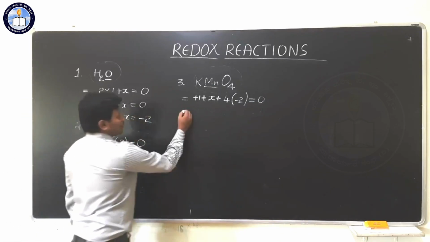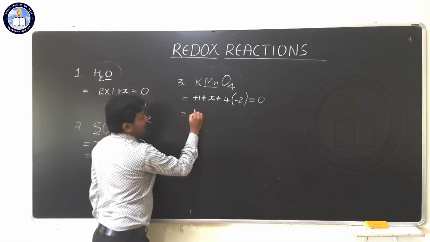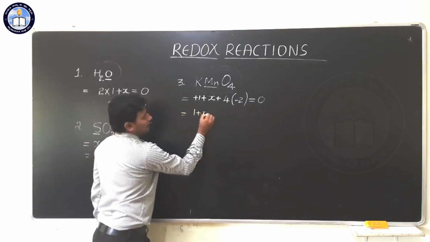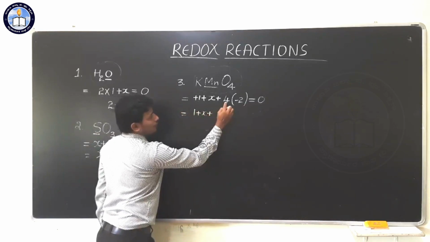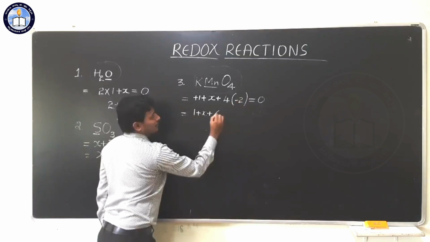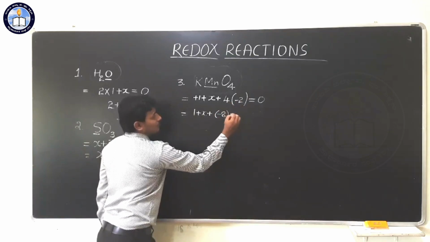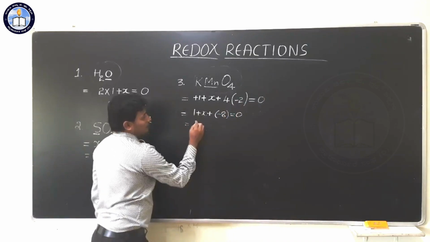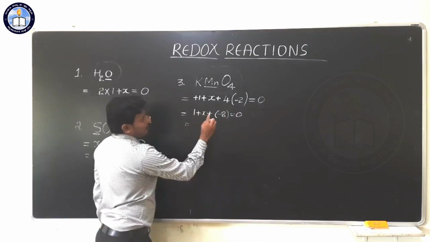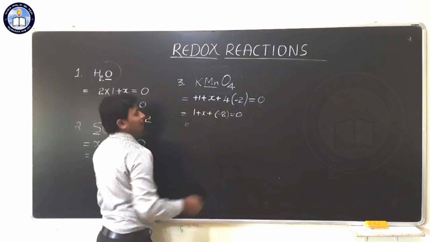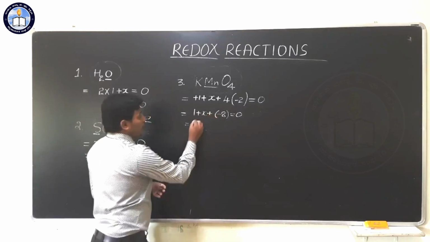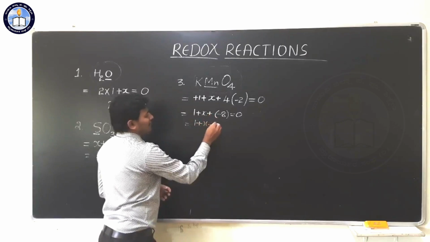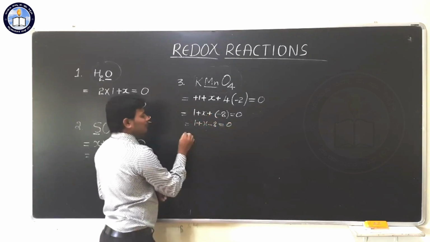Now you can calculate: 1 plus x plus 4 into minus 2, that is minus 8, equal to 0. Or I can simplify like this also: 1 plus x minus 8 equal to 0.